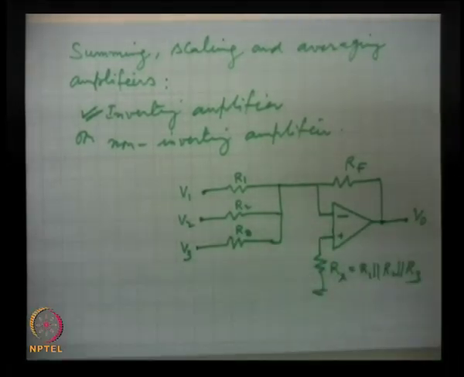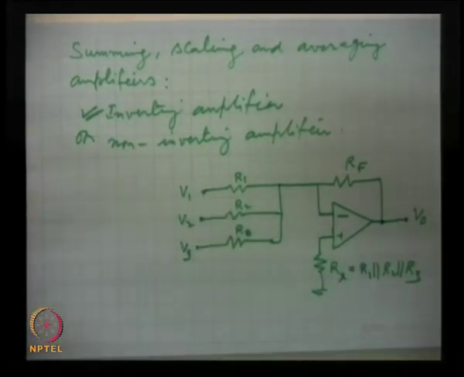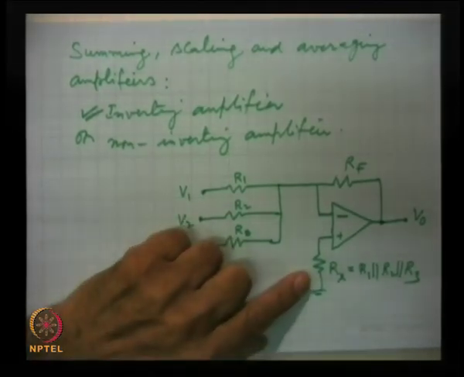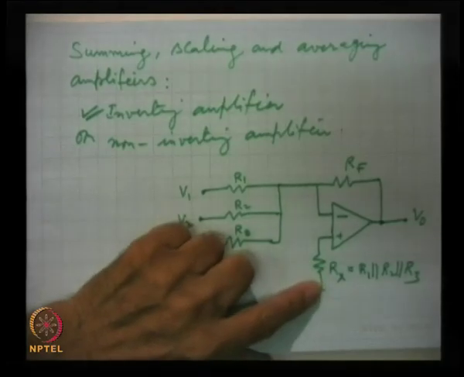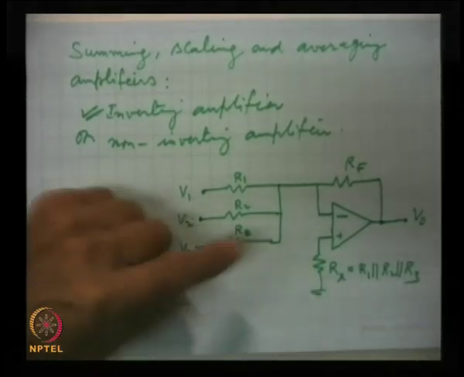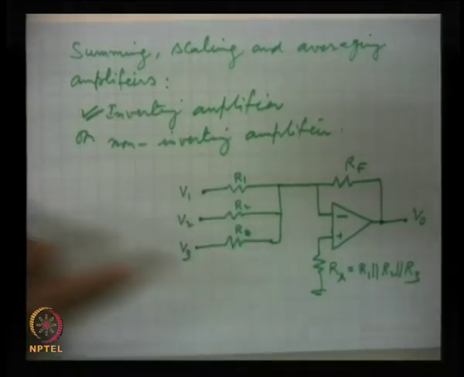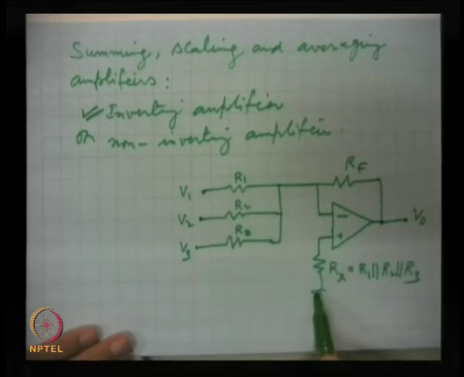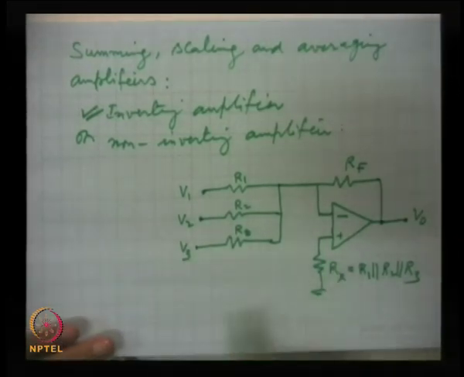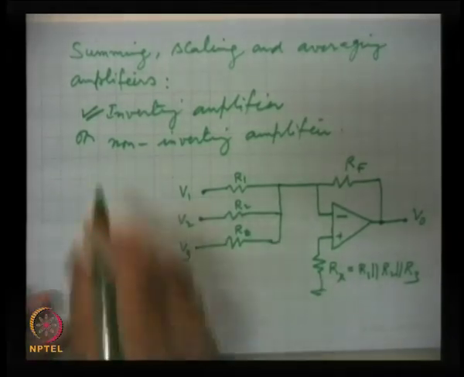Here the zero errors, for example, when there is no input signal, the output should be 0. Such conditions are slightly better achieved, and hence it is a common practice to use here a resistance of appropriate value, which is given by the parallel combination of these resistances. So, this is the basic summing amplifier.